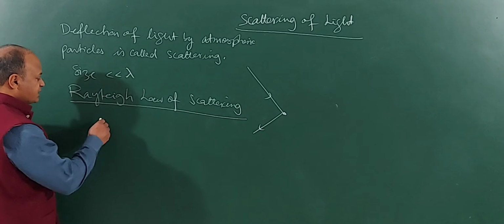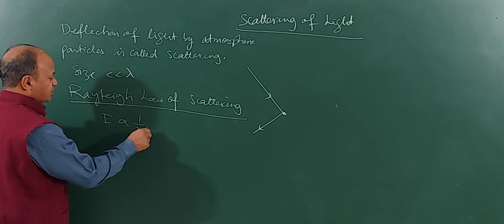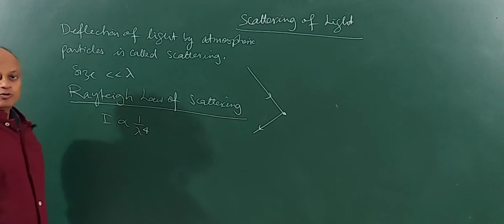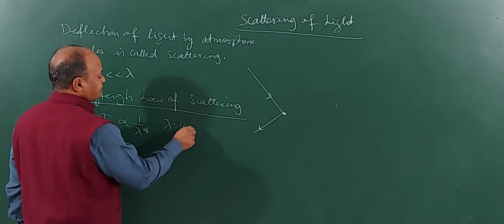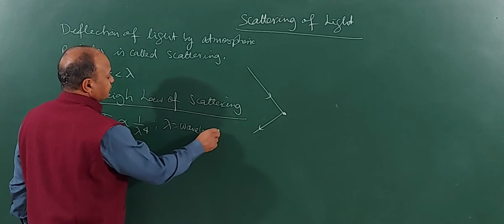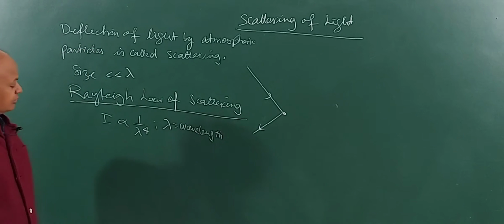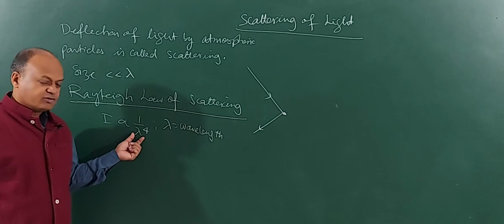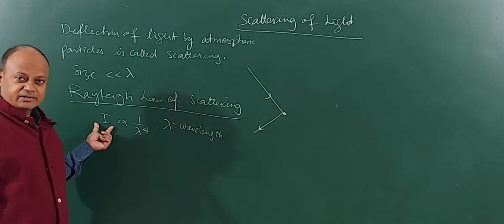Meaning, intensity of scattering I is inversely proportional to lambda to the power 4. Well, lambda is what, children? Lambda is wavelength. So it means smaller is the wavelength, more is the scattering.